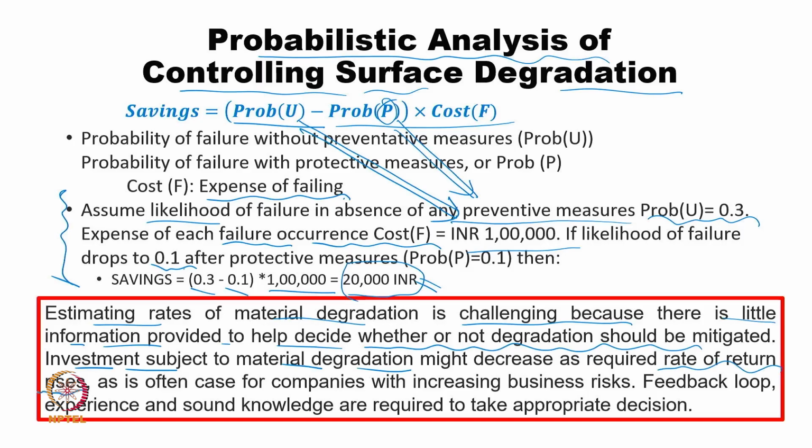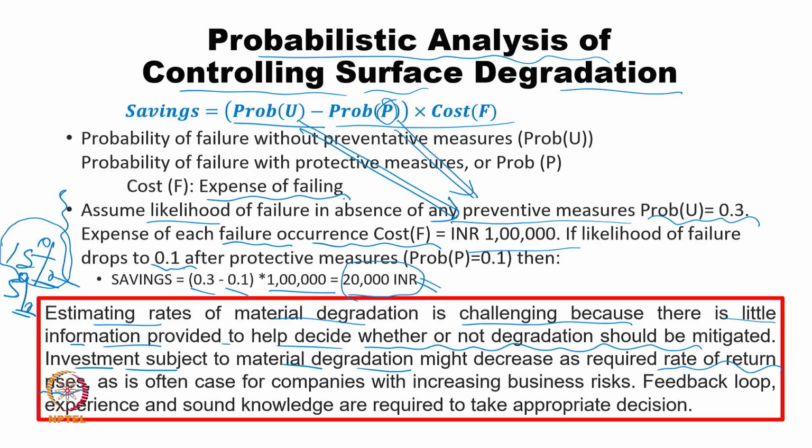As I showed in the previous slide, if we have a rate of return around 15%, we may say no to the new method to avoid the surface degradation. However, if it is a 5% expected return, then we may say yes. That is why, many times, as I mentioned in the previous lecture, if you are taking some sort of risky project, the government gives an initial grant fund, so that success can really be established.